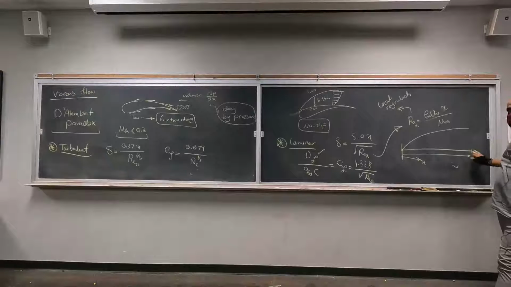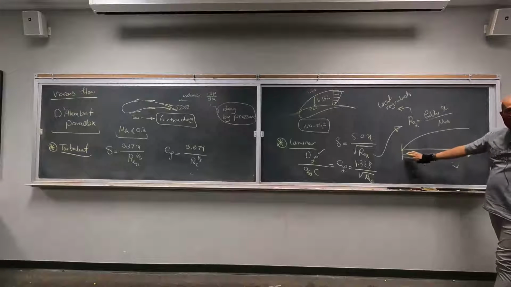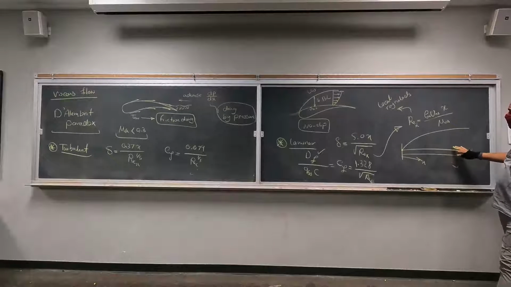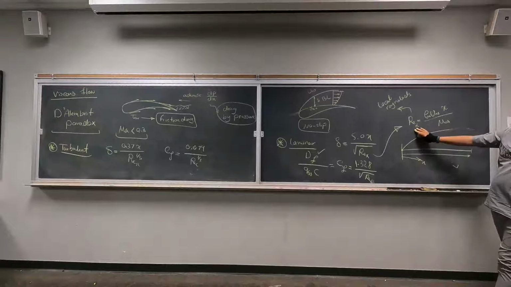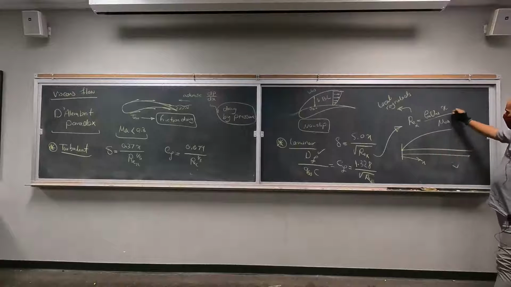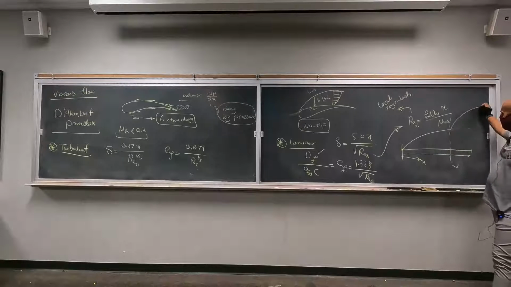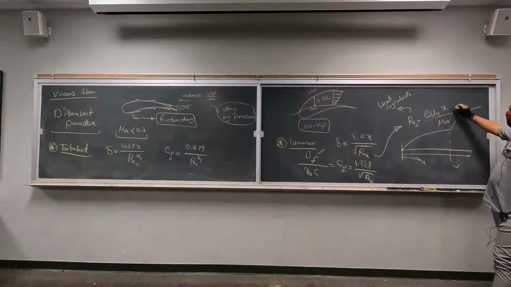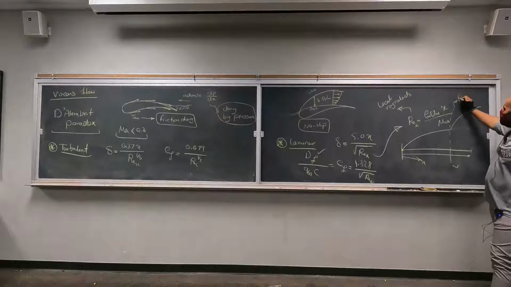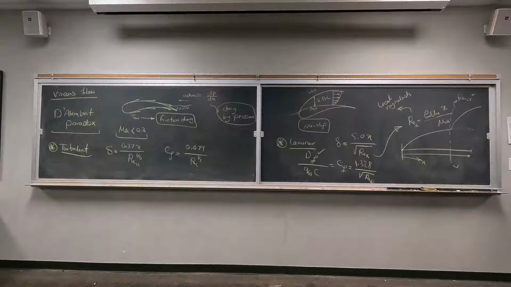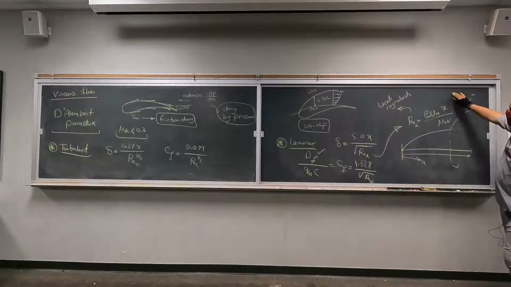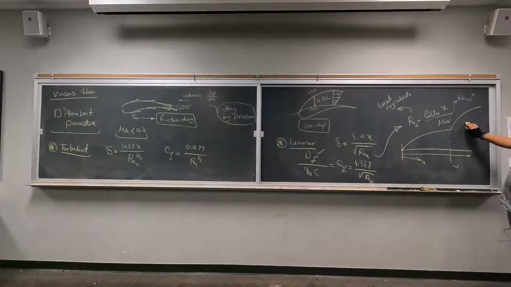You will start with a laminar boundary layer, but at some point you will transition to a turbulent boundary layer because your Reynolds number is going to become high enough. So there will be a transition point. Who remembers what the Reynolds number was? We call it the critical Reynolds number for the transition from laminar to turbulent on a flat plate.